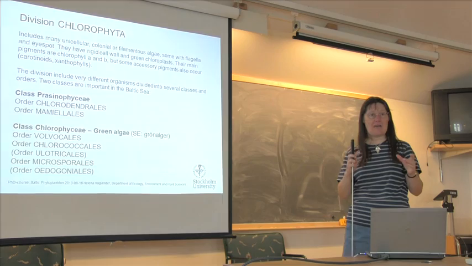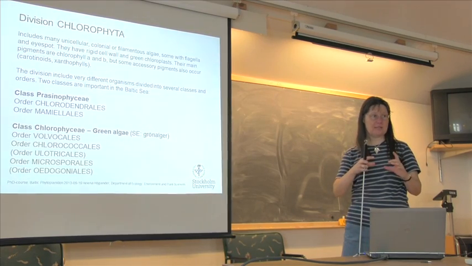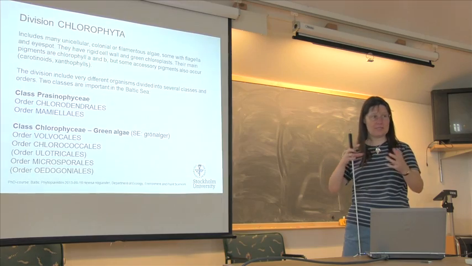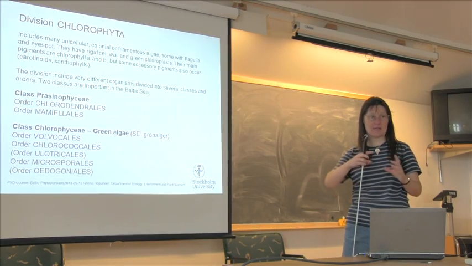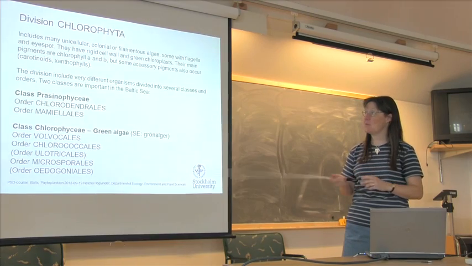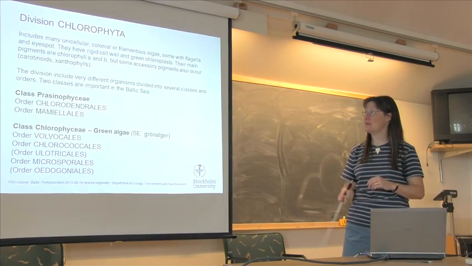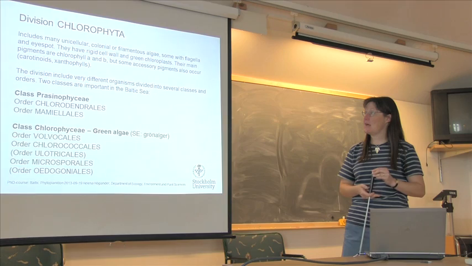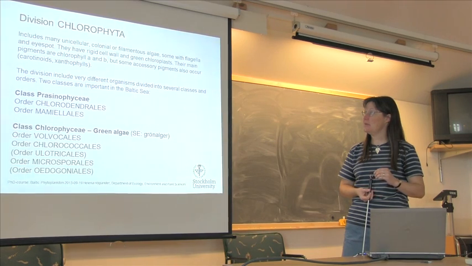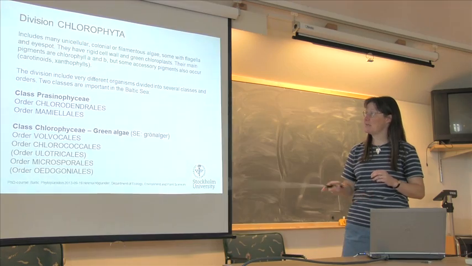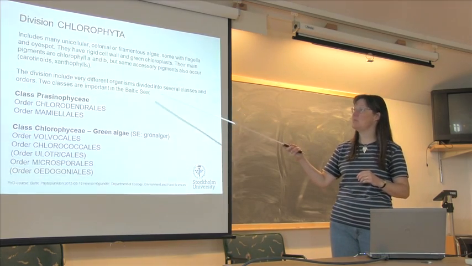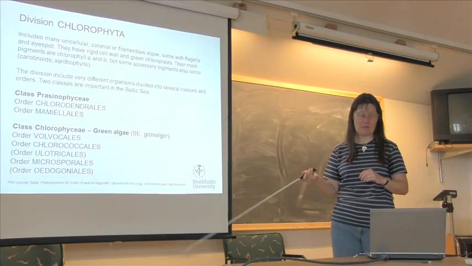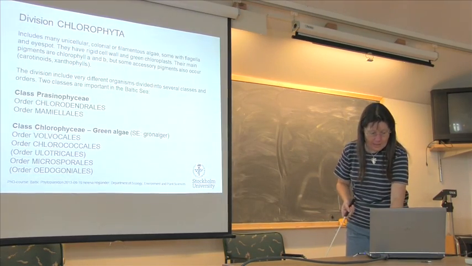Those haven't got that rigid cell wall, so they can change their size or form. But these are more rigid in their form, and they have chlorophyll A and B, but also some accessory pigments. Many of them turn quite green in the water.